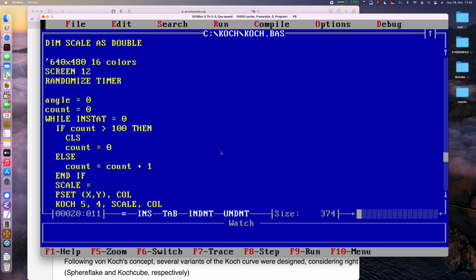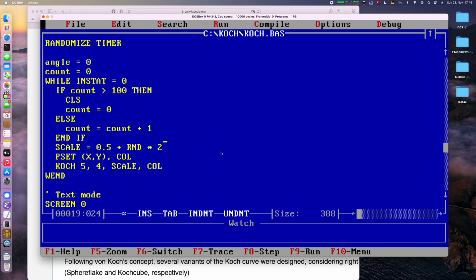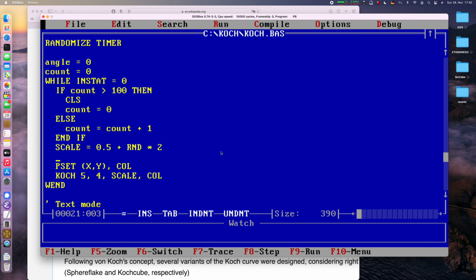So the scale I'm just going to set to a minimum of 0.5, so making it half as large as it could be, plus some random number times 2. That can be arbitrary, but times 2 worked out in my experiments so that these curves or snowflakes fill at most roughly the screen, not more.